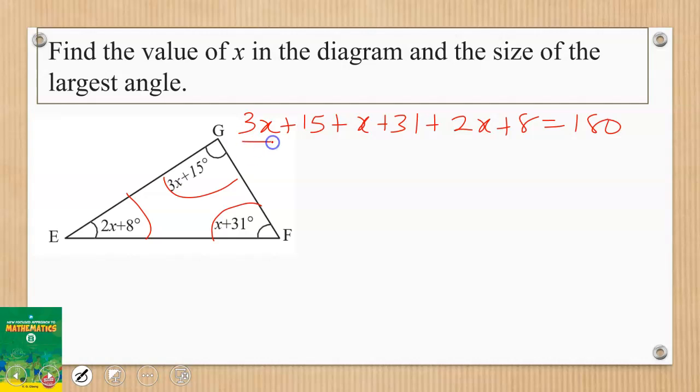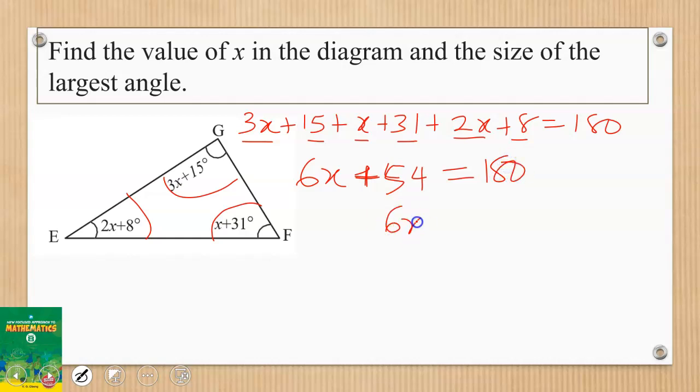So we know that 3x plus x will give us 4x, plus 2x will give us 6x. Now 15 plus 31 will give us 46, and 46 plus 8 will give us 54. Then we equate everything to 180 degrees.